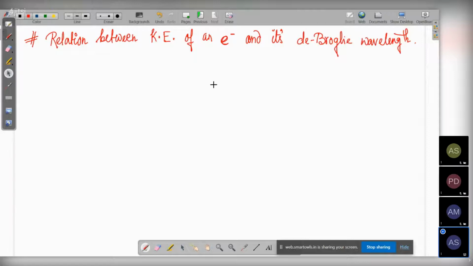What is the de Broglie equation? Lambda equals h by mv. And for kinetic energy, what is our target? I need to find half mv square from mv.